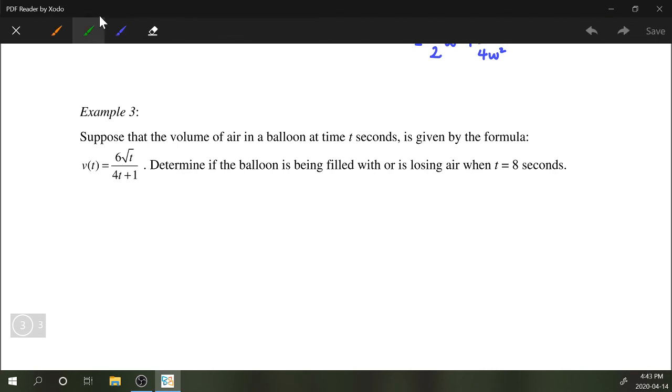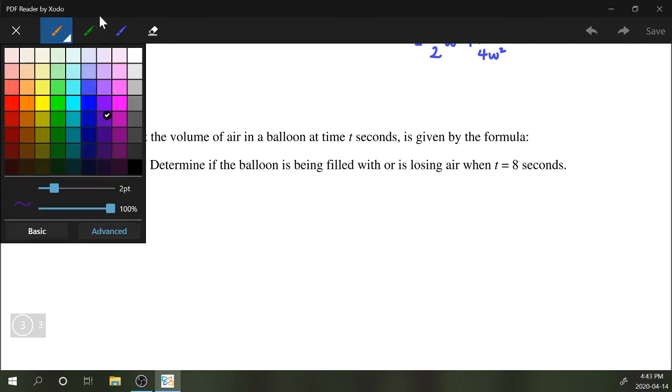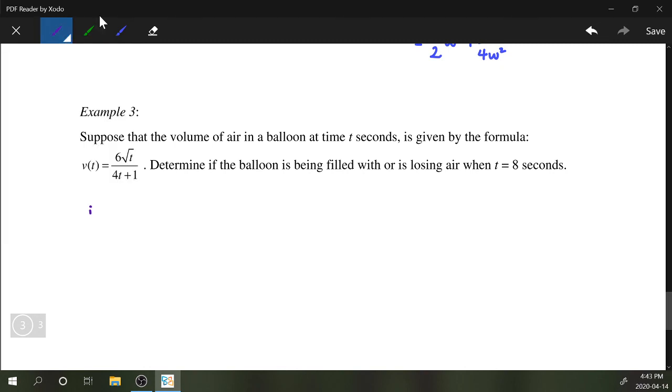So we're going to see if the balloon is being filled with air or losing air at t equals 8. The thing that you must recall is that if the derivative is positive, then the volume is increasing, which means it is being filled with air. If the derivative is negative, then of course the volume is decreasing and it is losing air.